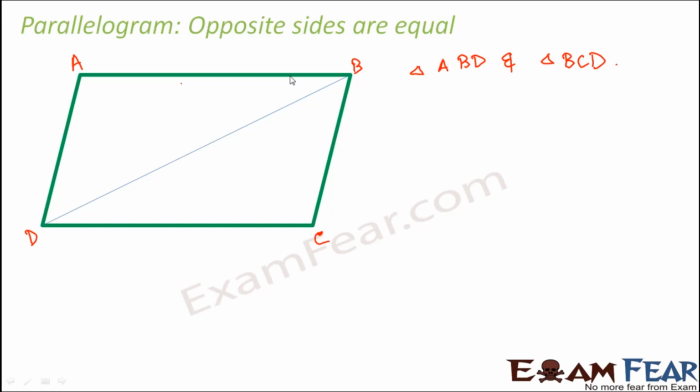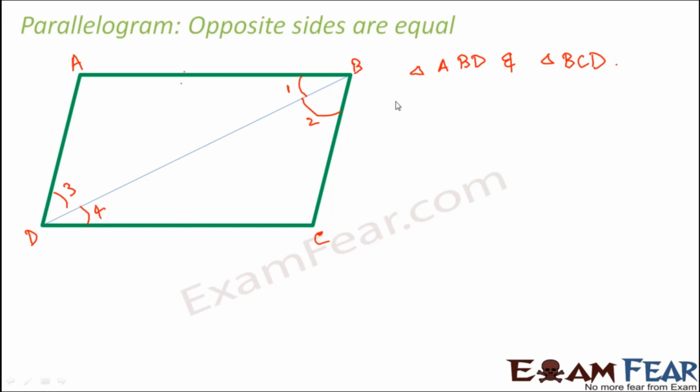So in these two triangles, what do we see? Now in a parallelogram, we know that the opposite sides are parallel. That is why it is a parallelogram, right? So let's also name these angles. Let us call this angle 1, angle 2, angle 3 and angle 4.